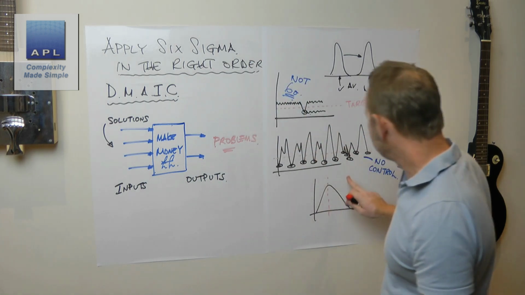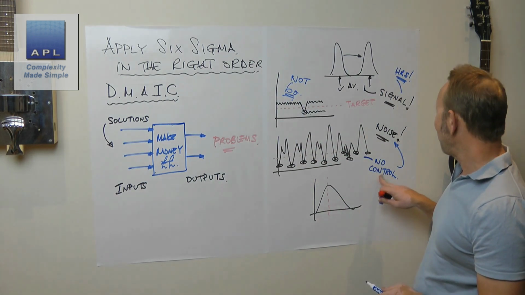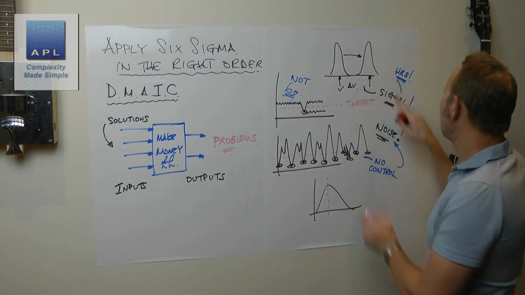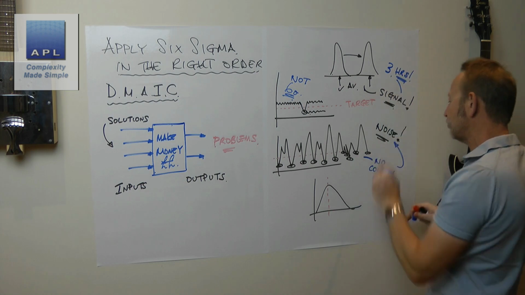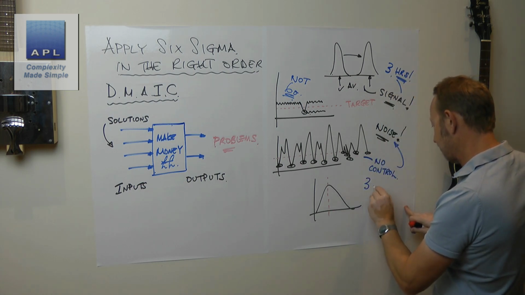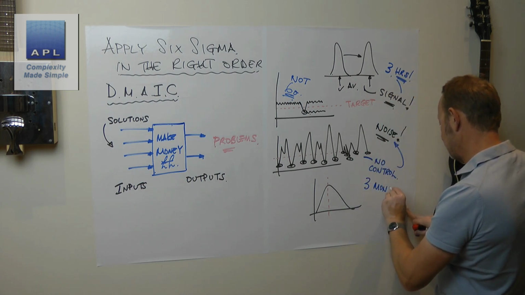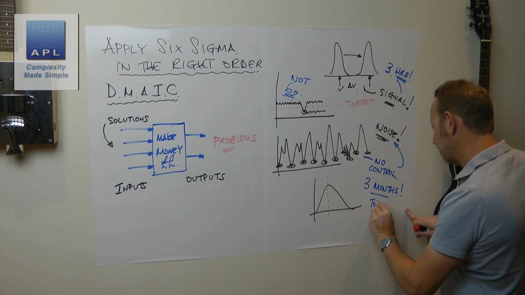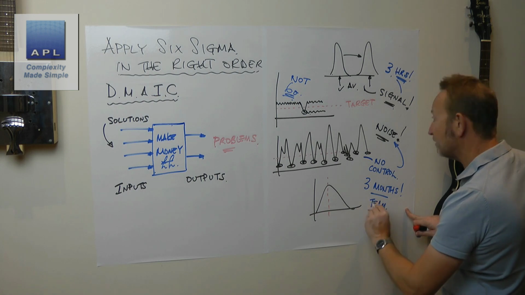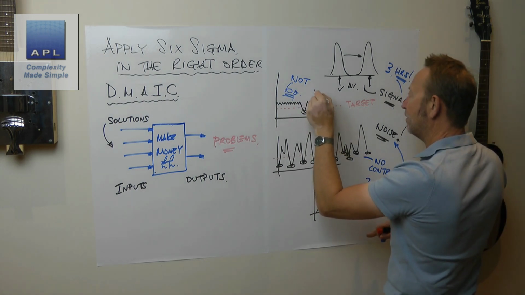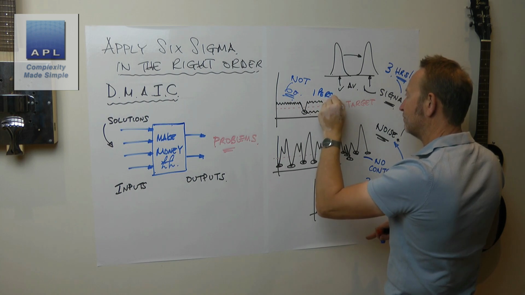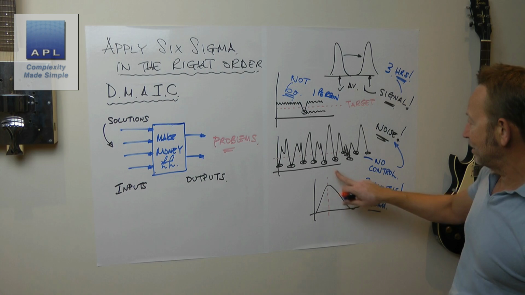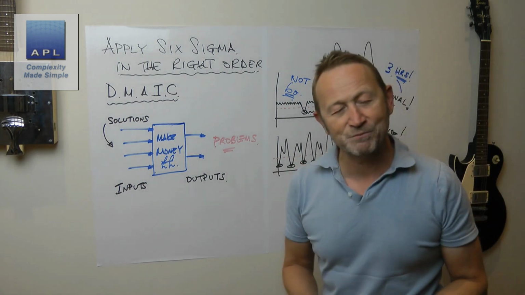Okay, so now, no control. How long will it take you to fix an uncontrolled process? Well, it's not going to take you 3 hours. What it's going to take is 3 months. This will need a team. This up here, one person can do, usually in a matter of minutes or hours. A team is needed here because this is about policies and procedures.